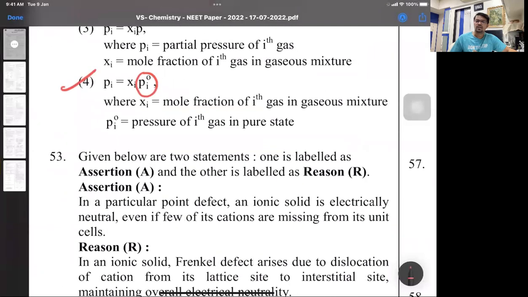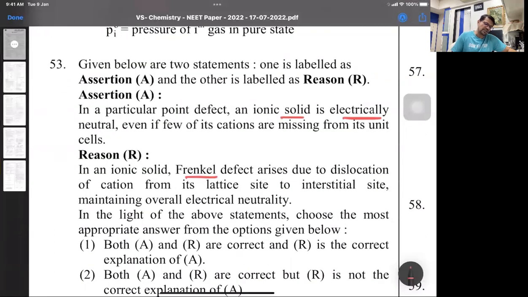Then comes next one, the assertion and reason questions over there. It says there are two statements. In a particular point defect, the ionic solid is electrically neutral, even if few of the cations are missing from its unit cells. And the reason is, it says Frenkel defect arises due to dislocation of cations from its lattice sites to the interstitial sites, maintaining the overall electrical neutrality.